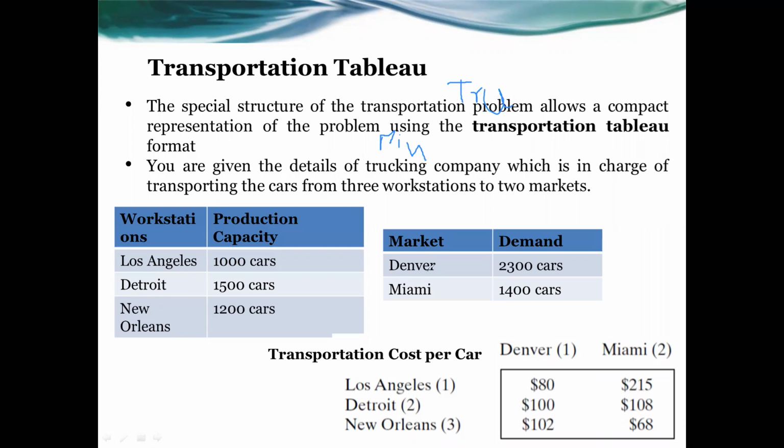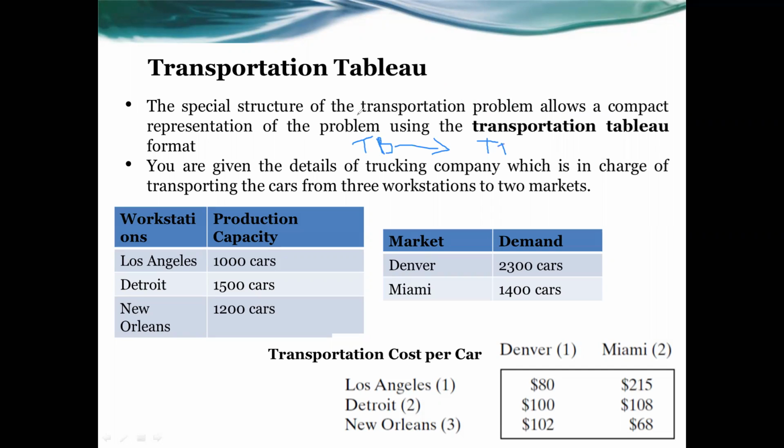Normally we develop the linear programming here, so your objective function is minimization. Then I write that transportation problem as a transportation problem, and you have to convert it into a transportation tableau.